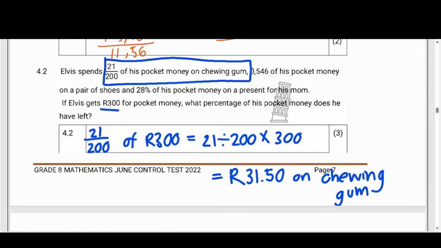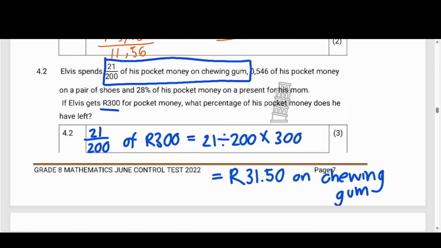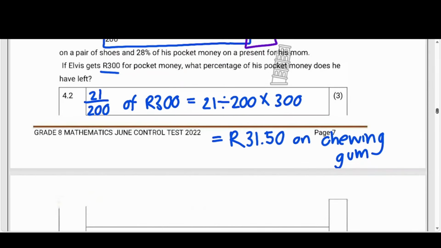Let's work out the next part. So he spends how much on shoes? 0.546 of his pocket money on shoes. So we are just going to go 0.546 of 300.